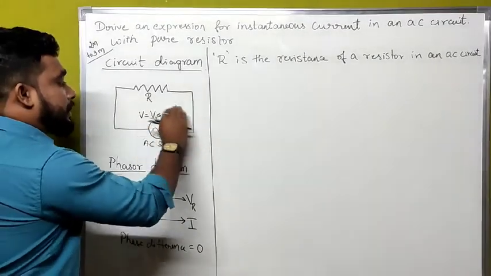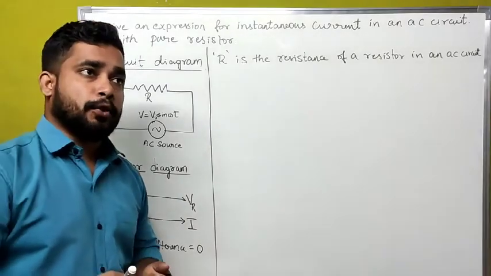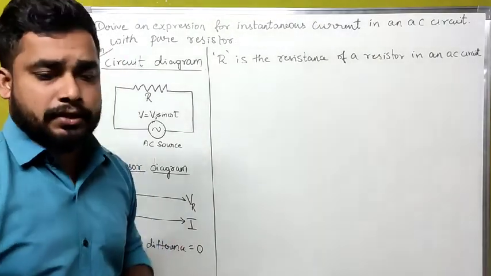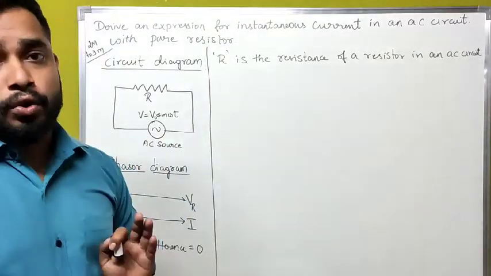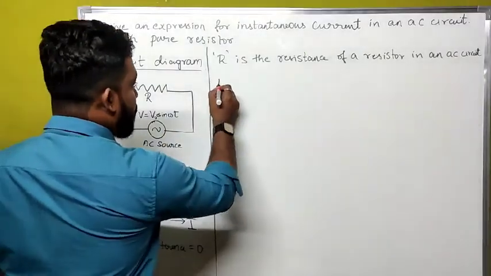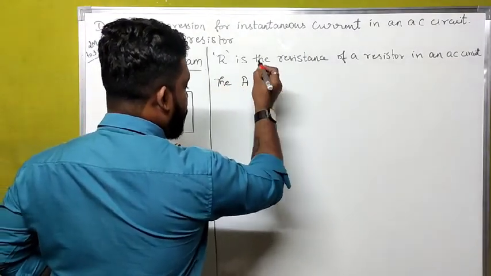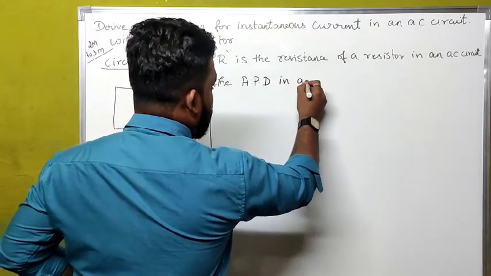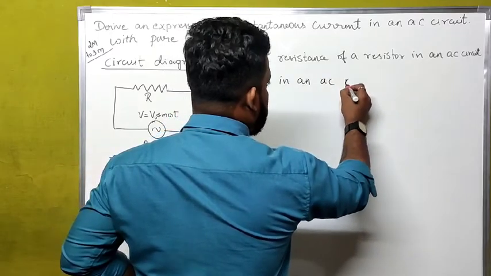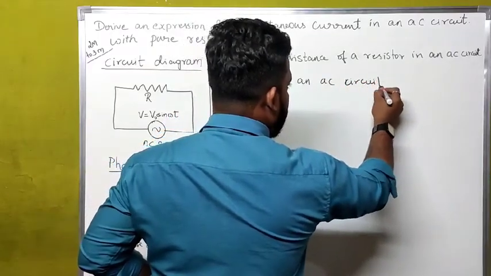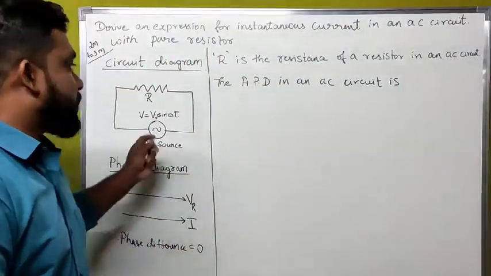What is this? Here we have considered alternating potential difference. Alternating potential difference is nothing but alternating voltage. We may call voltage as potential difference or potential difference as voltage. So the alternating potential difference in an AC circuit, what is the expression for it?